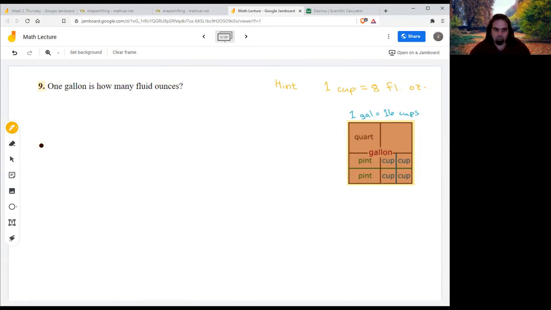So each of these little cups is going to be 8 ounces, 8 fluid ounces. So we have 8 and 8 and 8 and 8 and 8 and 8, 16 times. So overall, we have 1 gallon is, why am I writing it there? Sorry.